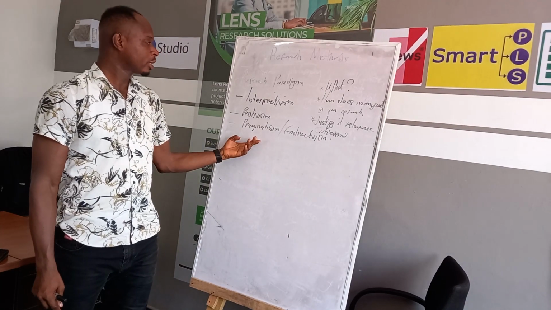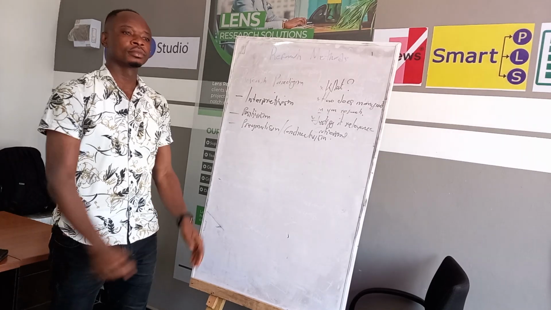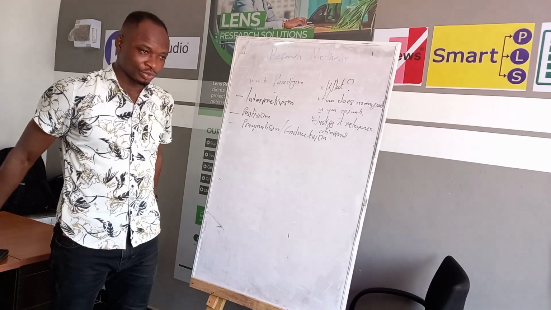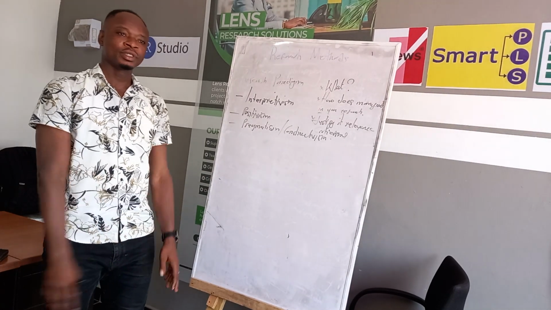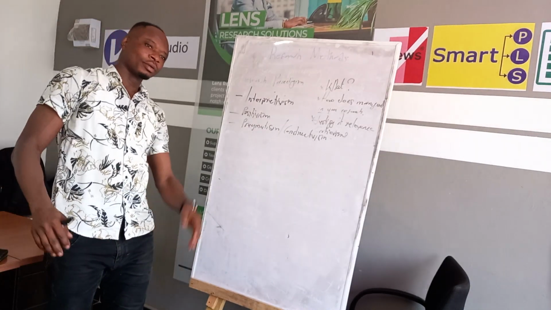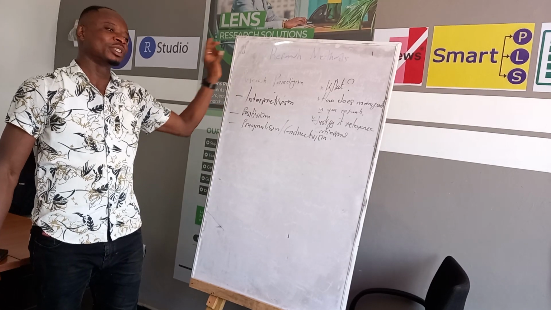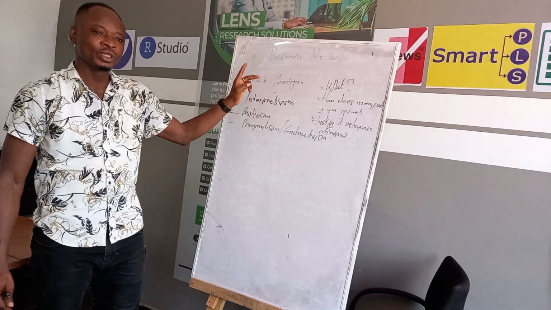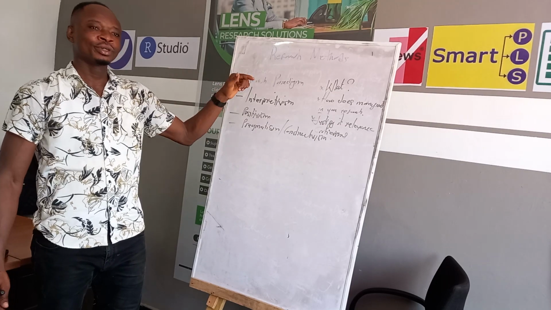So if you pick interpretivism, what approach does it go with? I'm talking about research approach. Qualitative. What research design does it go with? Exploration. What kind of philosophy? What is the orientation towards epistemology? What is the orientation towards ontology? What is the orientation towards axiology? What is the orientation towards what?